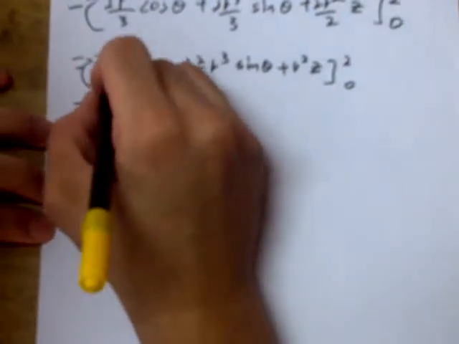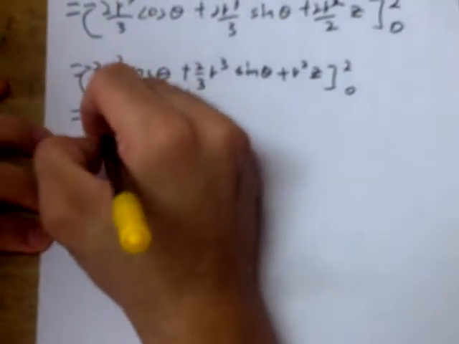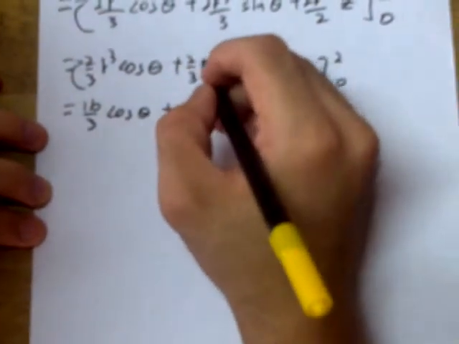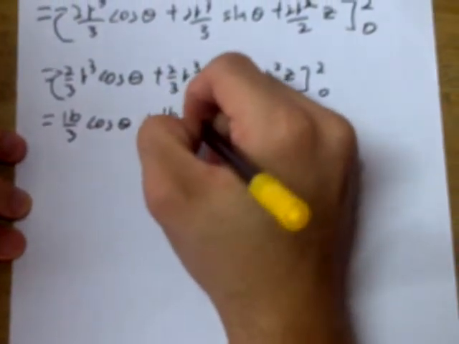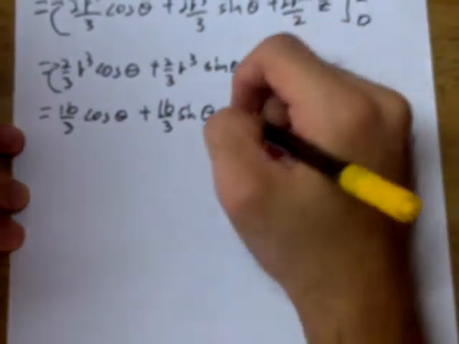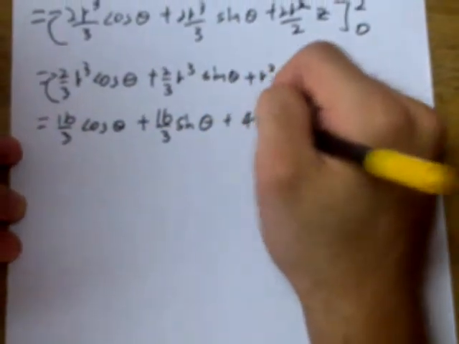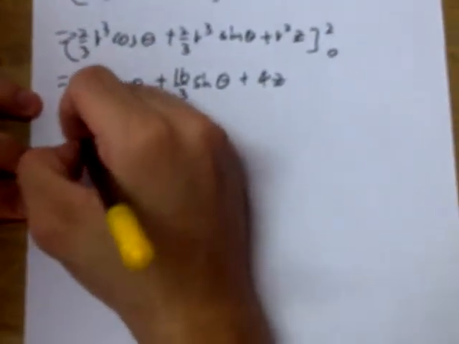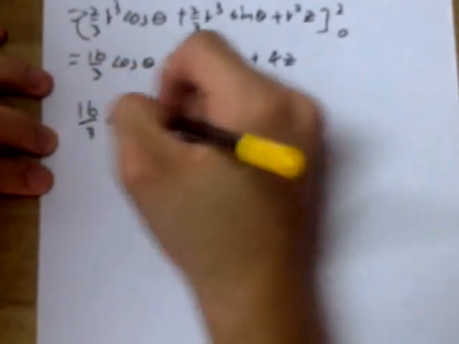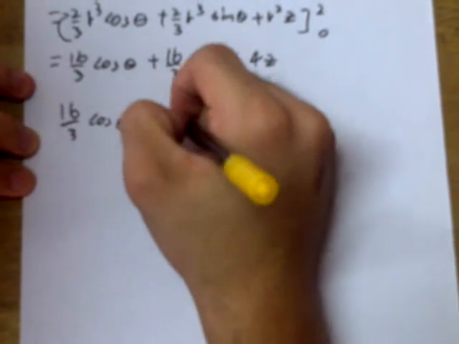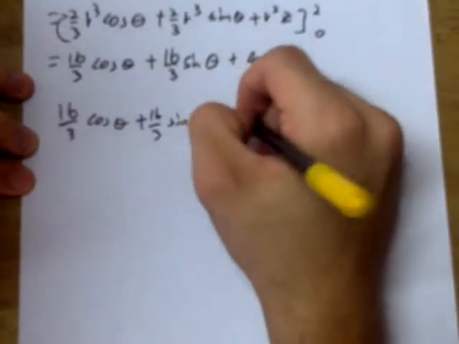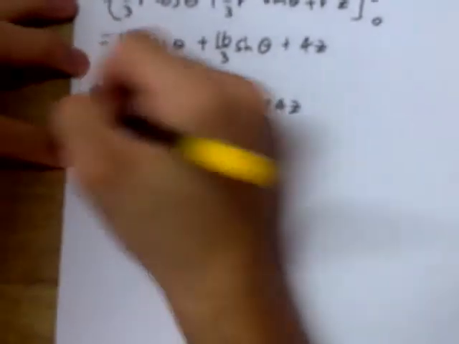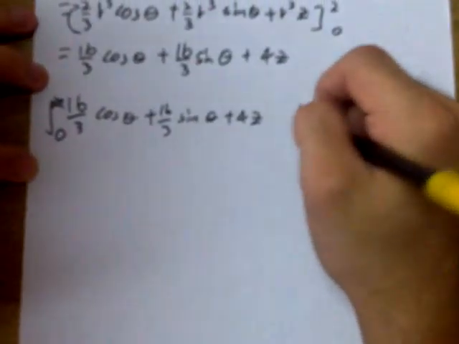So it's equal to 16 over 3 cos theta plus 16 over 3 sin theta plus 4z. We got the new function, so we integrate again. The integral of 16 over 3 cos theta plus 16 over 3 sin theta plus 4z between 2 pi and 0 d theta.